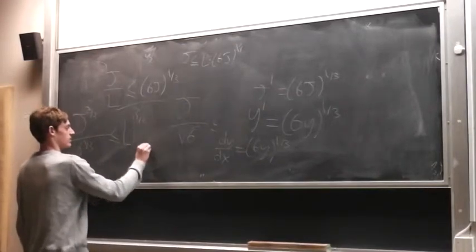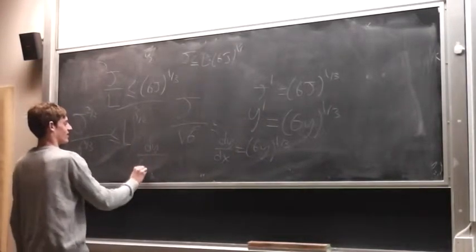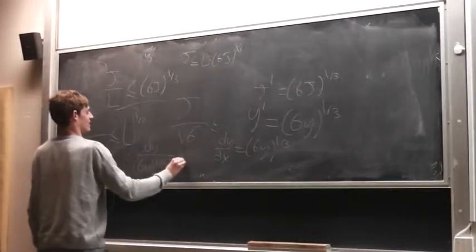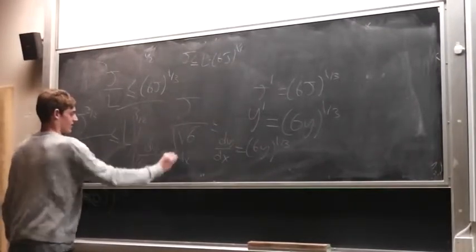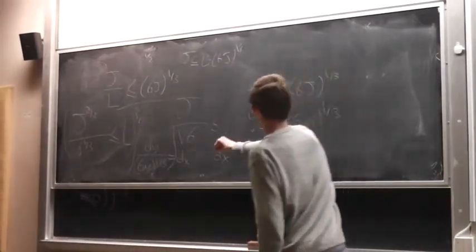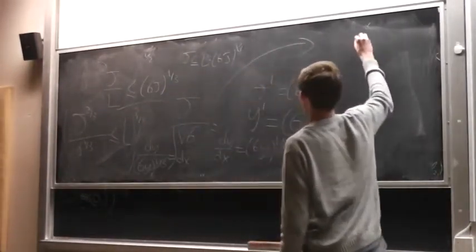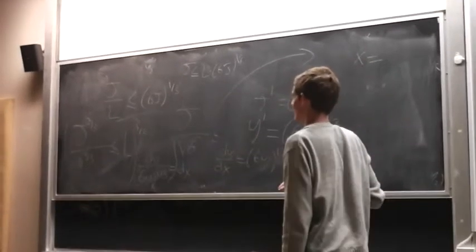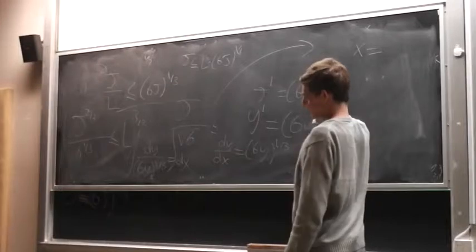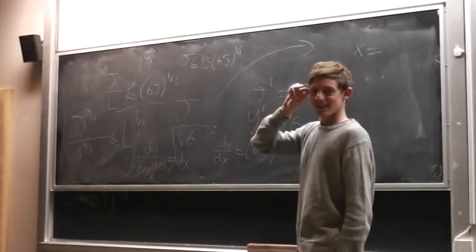So dy over 6y^(1/3) equals dx, integrates. Go from here to here, sure. x equals, is it 3/2 times that? 3/2 times then the 1/6.